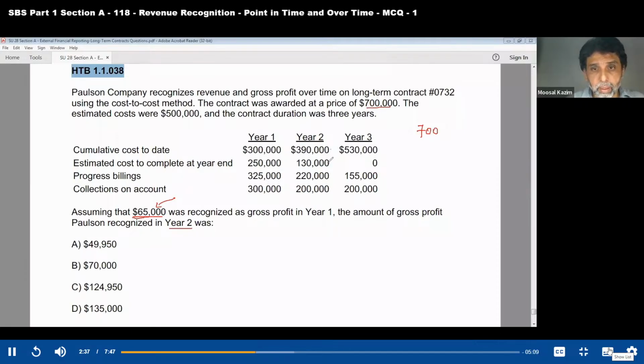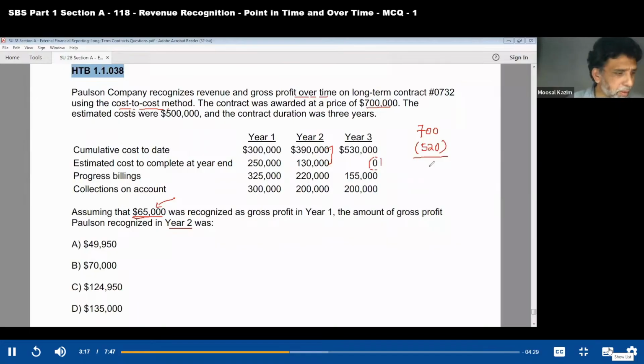When they look at the year end, they feel that they need 130,000 more to complete the project. So now, what's the total cost? Total cost is 390 plus 130, which gives us 520. This is the cumulative cost to date plus the cost to complete.